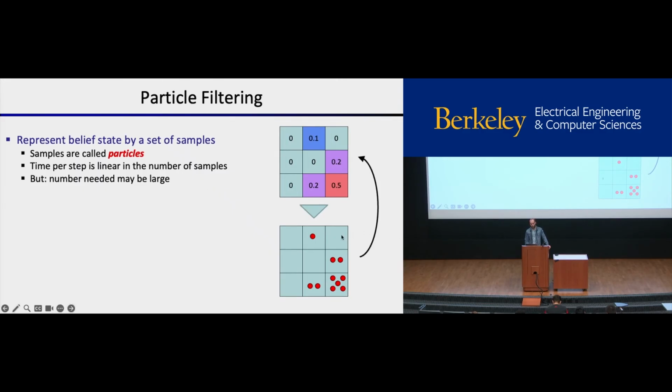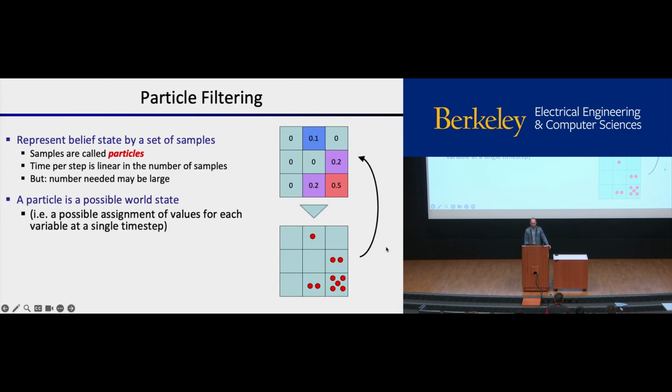If we wanted numbers out, we'd count the fraction of particles that are there. That's why this is 0.5, 0.2, 0.2, and 0.1.